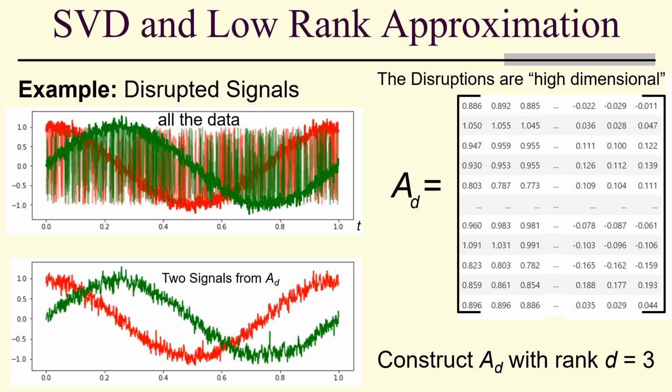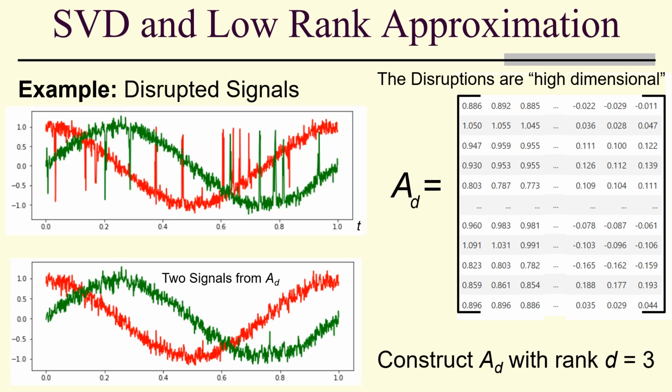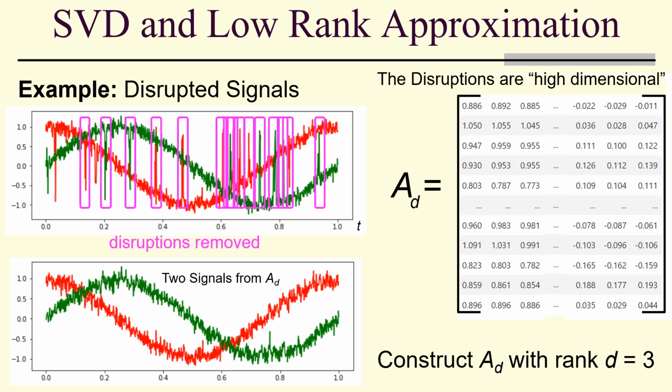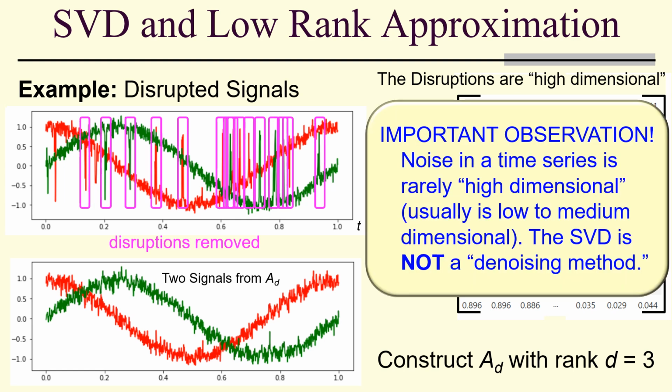In fact, here are 2 signals that no longer have the disruptions. These were the original structures of those 2 signals. Disruptions have been removed. Notice that noise in a time series is rarely high dimensional, so this SVD is not a denoising method. It's a way of getting a low rank approximation.